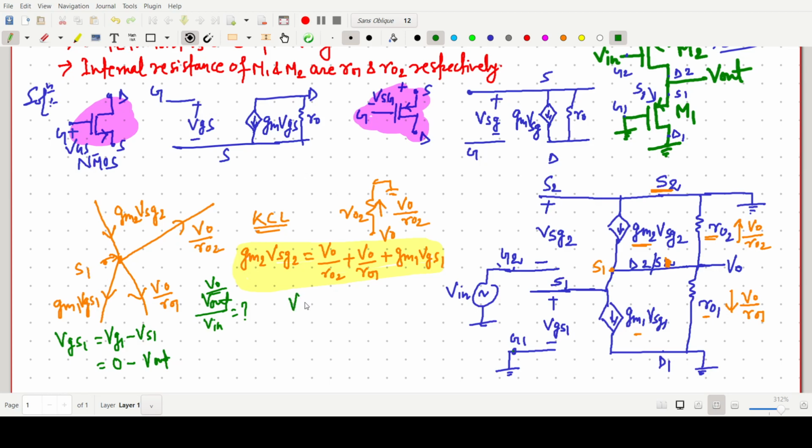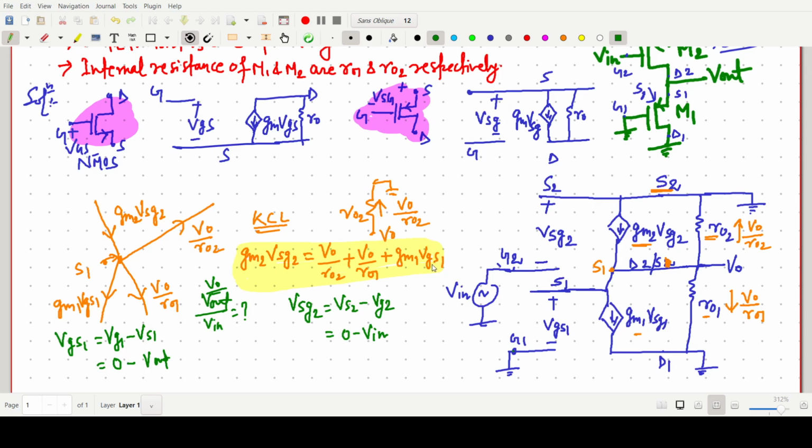Now for VS2 minus VG2, VS2 is how much? This one is grounded, so 0 minus V in. And this one is VGS1.